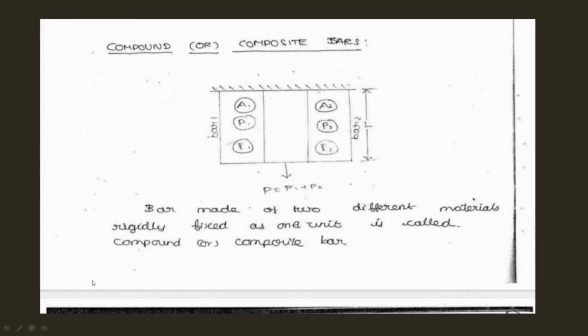And the second condition: the total load acting on this bar is the sum of the load acting on each material, that means the load acting on the steel plus the load acting on the aluminum. That's the formula, P equal to P1 plus P2. So a compound bar or composite bar means a bar made up of two different materials rigidly fixed as one unit.